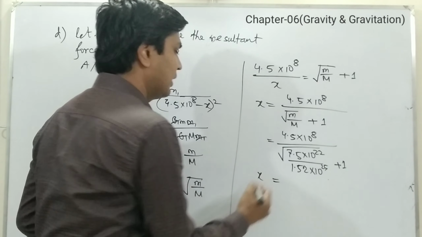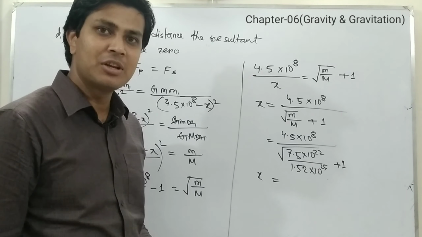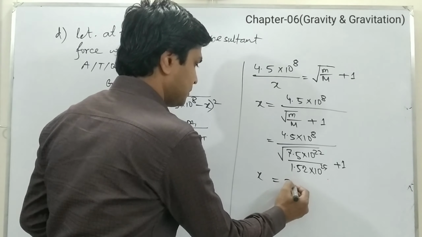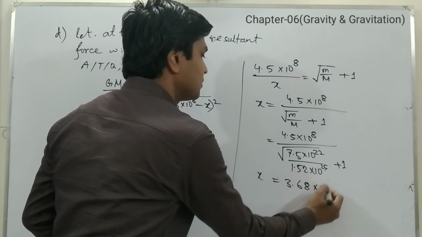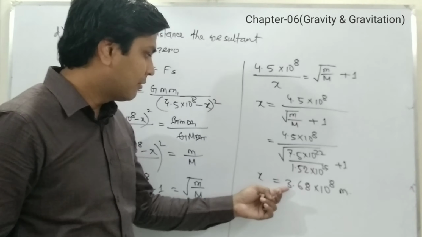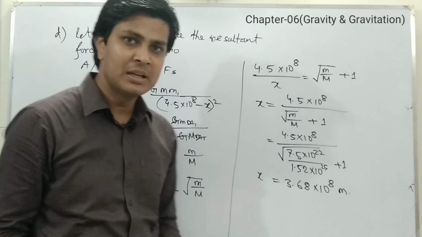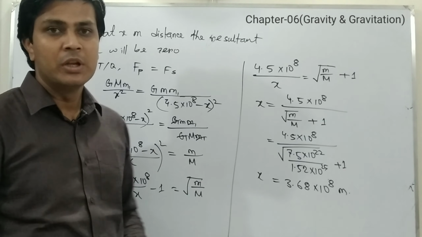After calculation, we will get the result x is 3.68 into 10 to the power 8. That means we can say from the center at 3.68 into 10 to the power 8 meter, the resultant force will be 0.